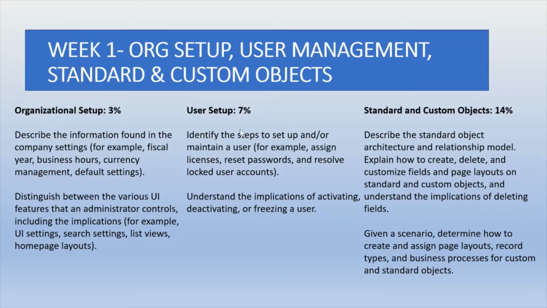You have to know how to create, delete, or customize fields, and what a page layout is, and what a record type is. There is a concept called record type where our object will have multiple record types. Based on the record type, you can assign the layouts.